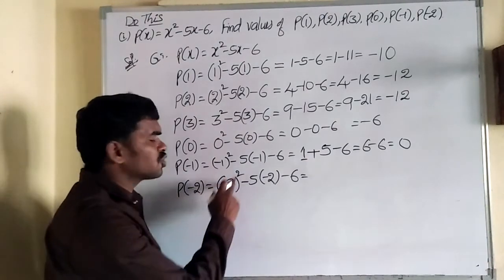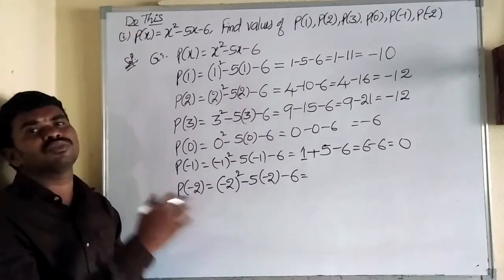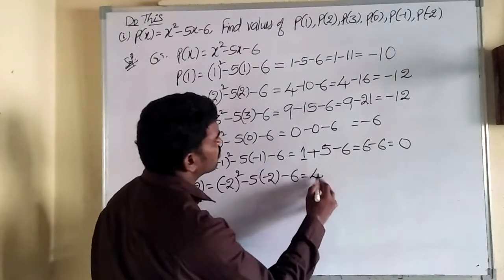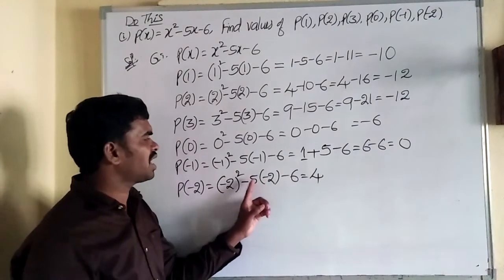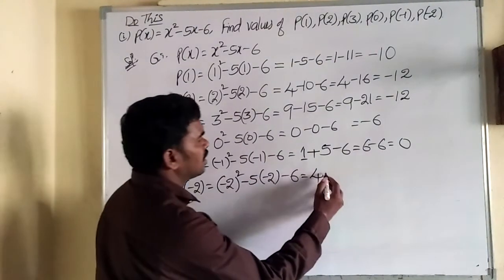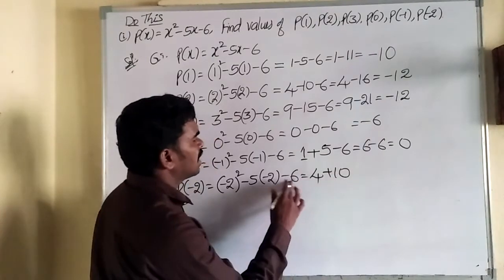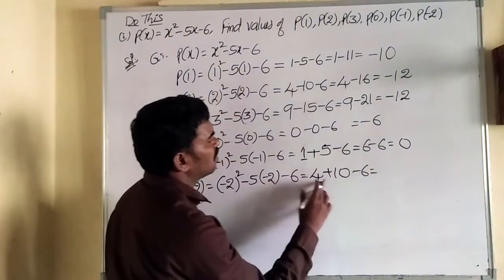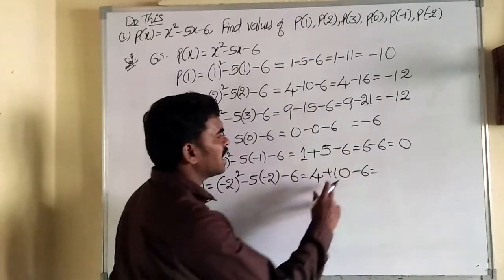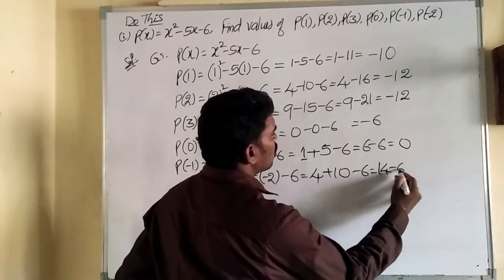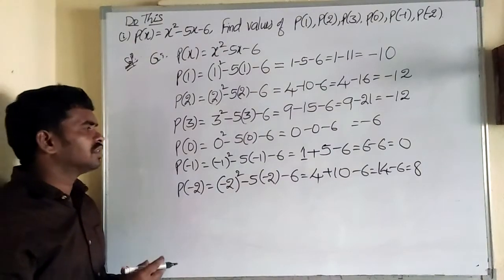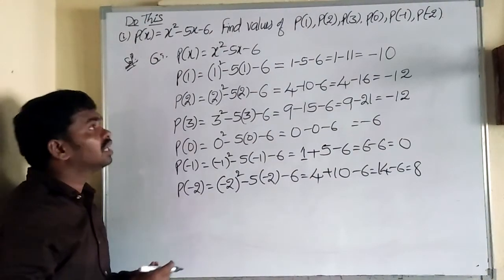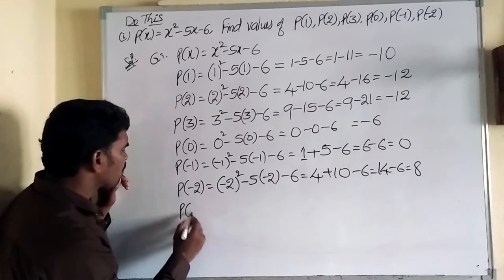Minus 2 whole square: minus 2 into minus 2 becomes plus 4. Next, minus into minus plus, 5 into 2, 10. So plus 10, remaining minus 6. 4 plus 10 is 14. 14 minus 6 is 8.